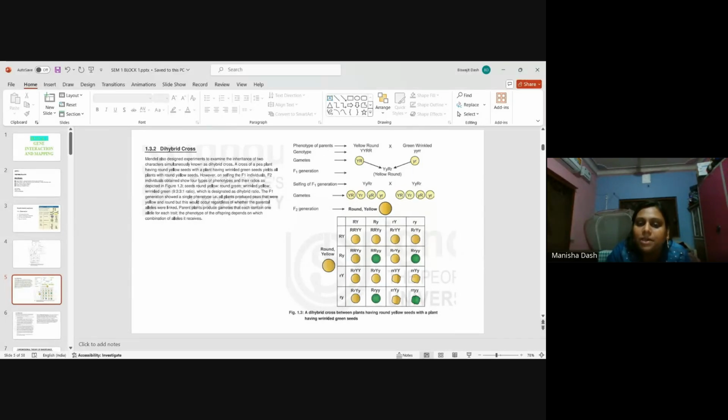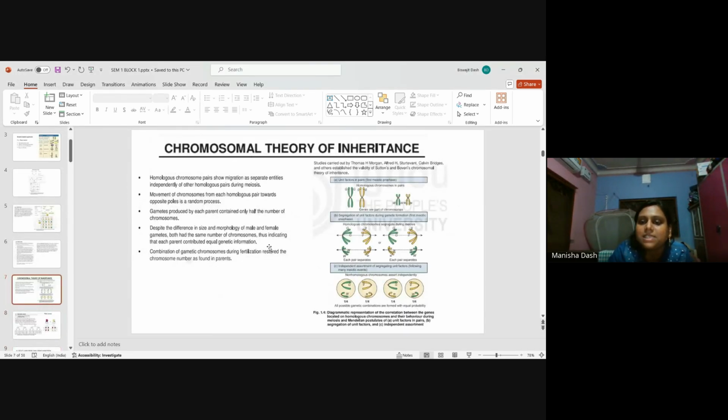These two new combinations occur because of the independent assortment of the characters, which are located on two different chromosomes. So what was the deduction from the dihybrid cross? It was the law of independent assortment. That means when a pair of contrasting characters segregates from each other, they segregate independently of each other. So how did it occur?